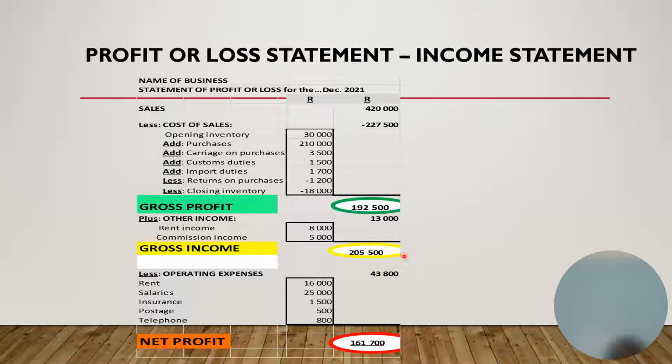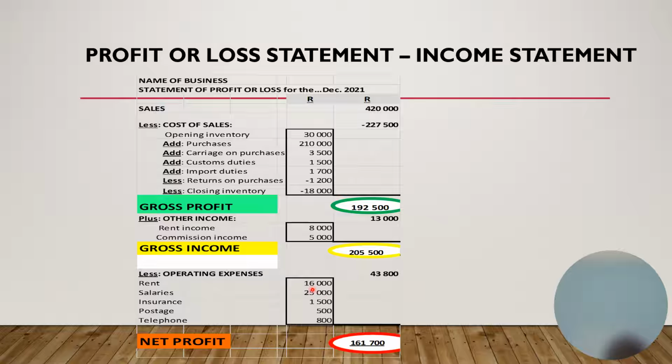Now we come to the second part, which is your profit or loss account, if you can still remember, whereby we minus operating expenses, which were rent expense 16,000, salaries 25,000, insurance 1.5, postage 500, telephone 800.